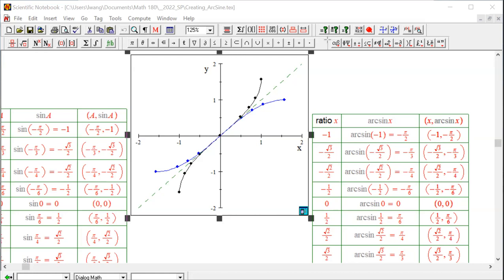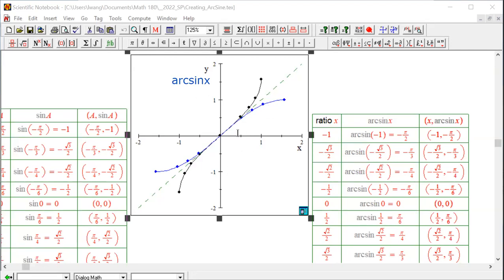Okay, so let's mark these functions. The black one, of course, is just arcsine. Just arcsine, okay? You don't have to do anything, any scientific apparatus that does arcsine would automatically do it for you.